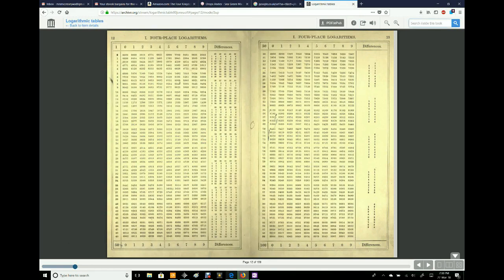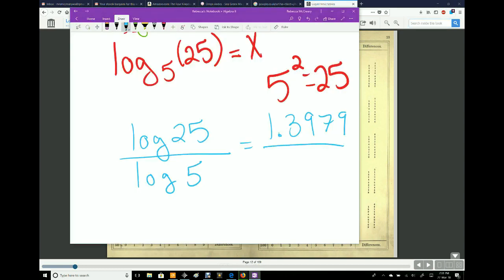So we find our 5. It's 0.6990. We know that there's a 0 there because we haven't gotten up to 10. So we have 0.6990. Again, I got that from our logarithm table.